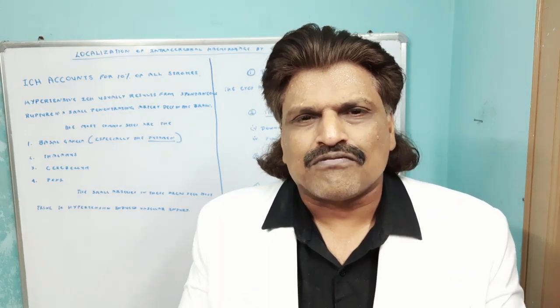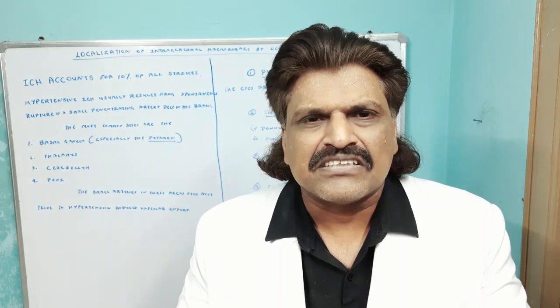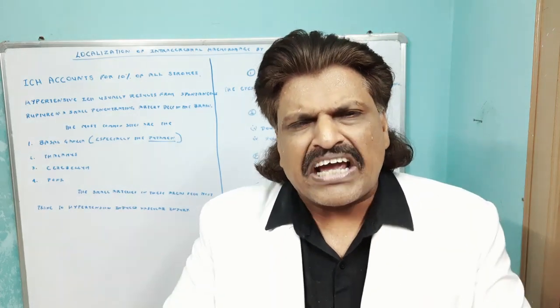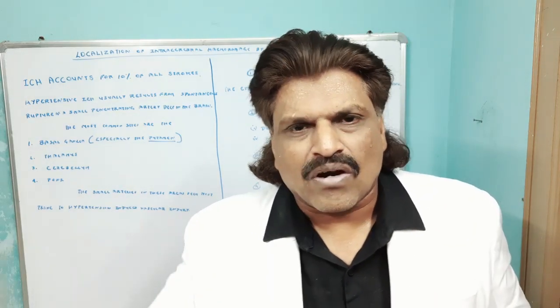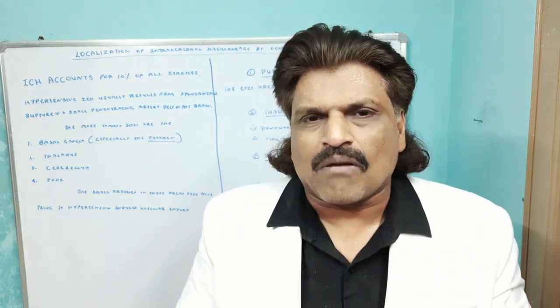That is the beauty of neurology. Just looking at the patient's eye signs, you can make the diagnosis without any investigation. You can later confirm with investigation, and you will have an amazing, satisfying experience. So this is the topic, a clinically oriented topic: the localization of intracerebral hemorrhage by ocular signs.